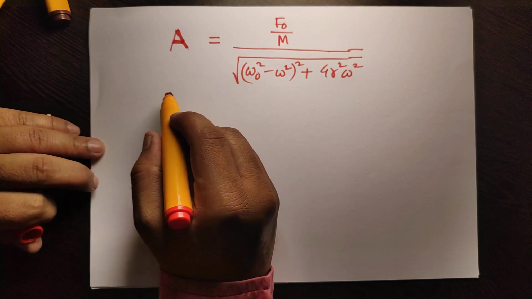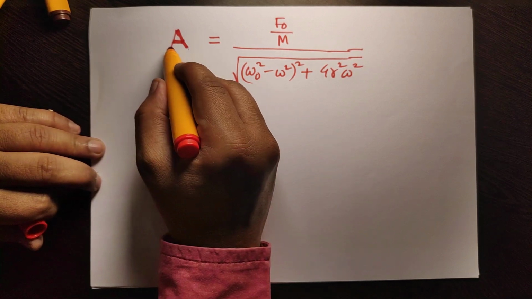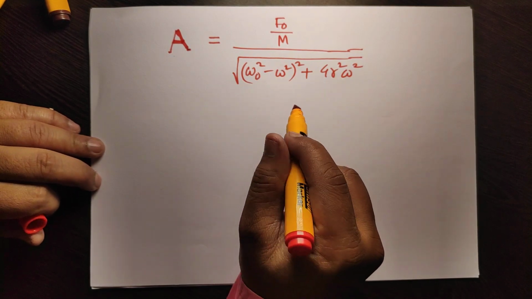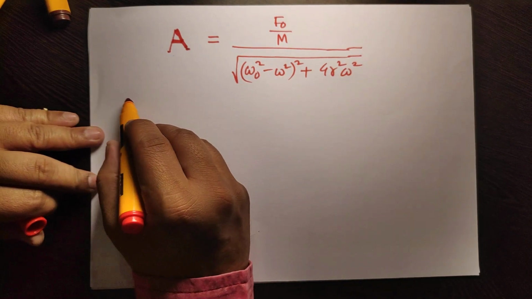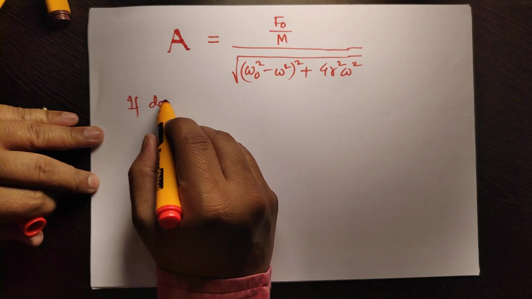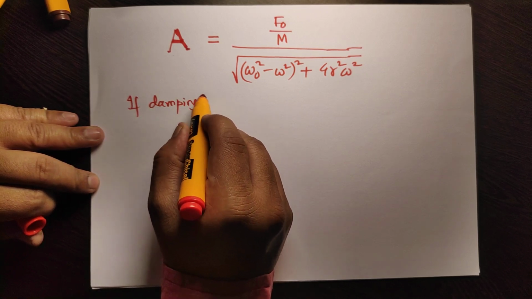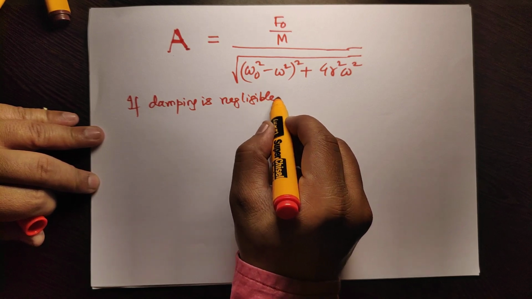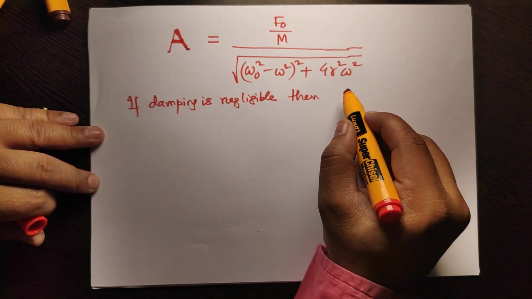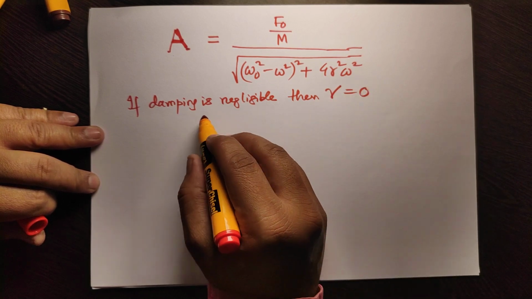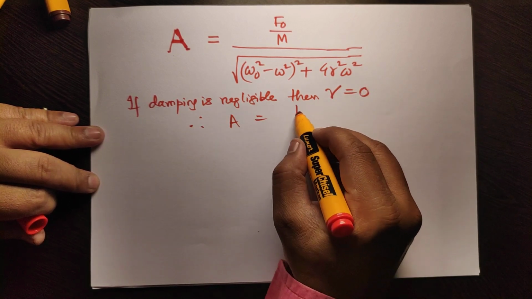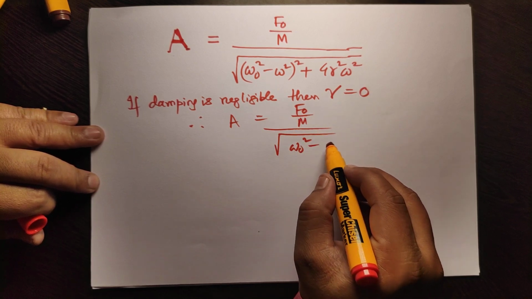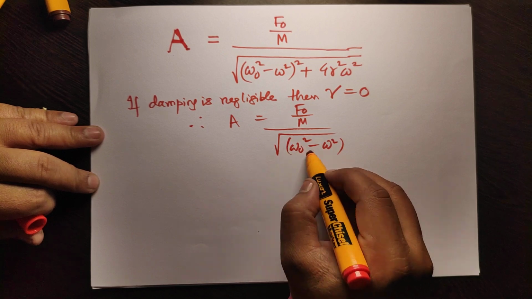Now in forced oscillation the amplitude can be maximum when, suppose, if the damping is negligible, then this gamma equal to 0, damping coefficient is 0, therefore A equal to F naught by m by root over of omega naught square minus omega square whole square.